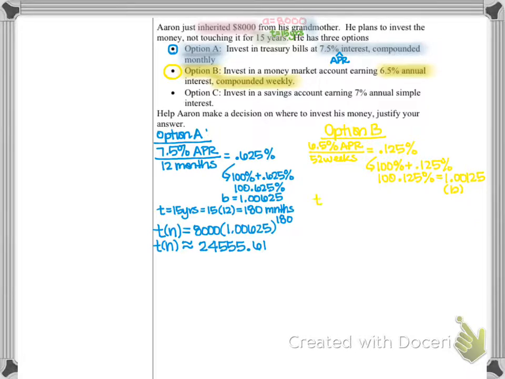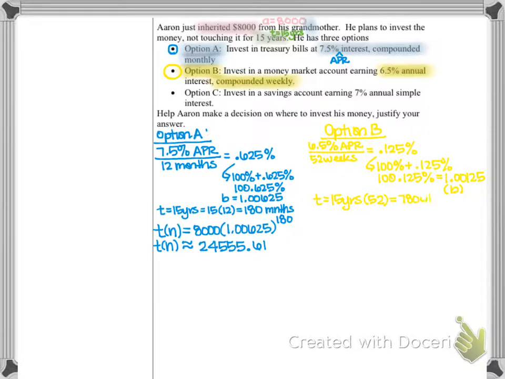Now I need to figure out my time frame. My time frame was still originally 15 years. So I'm going to take my 15 years and multiply it by the number of weeks per year, so it's 15 times 52, which is going to give me 780.